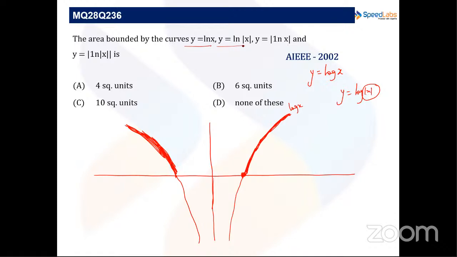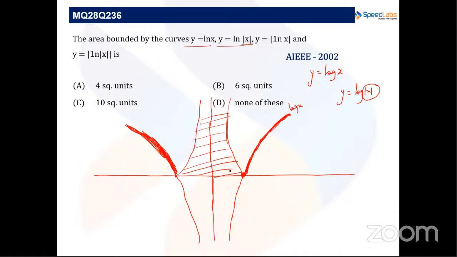Okay, when we have these values, for y equals mod of log x, the negative value will not be there, so this part will come out like this and this. So we can see that the required area we are finding here is this area.